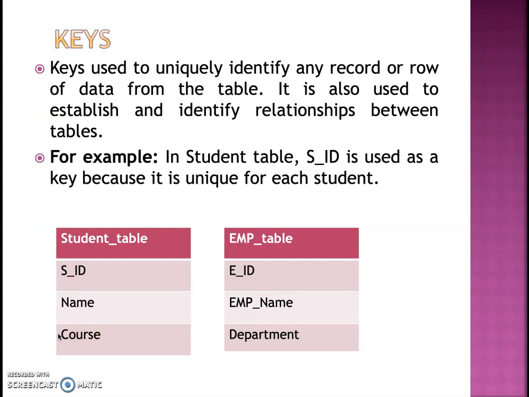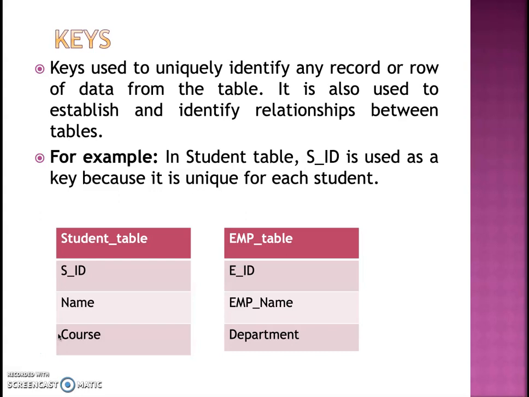First of all, let's understand what a key is. Keys play an important role in the relational database. It is used to uniquely identify any record or row of data from the table. It is also used to establish an identity relationship between tables.